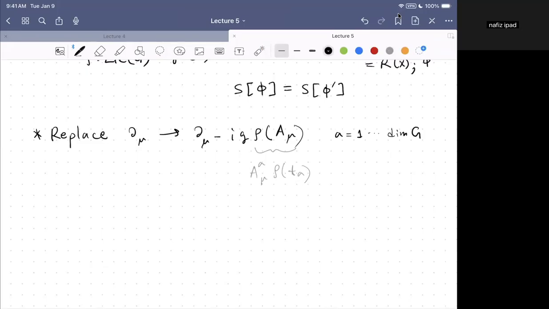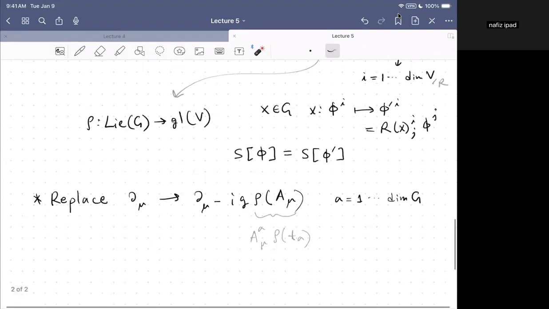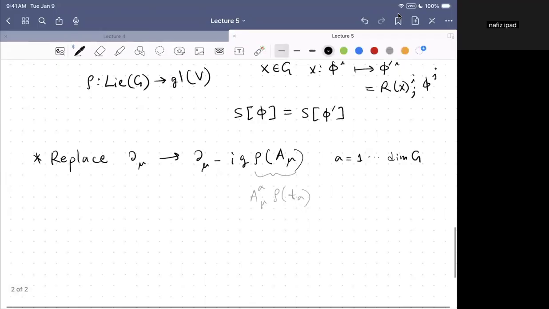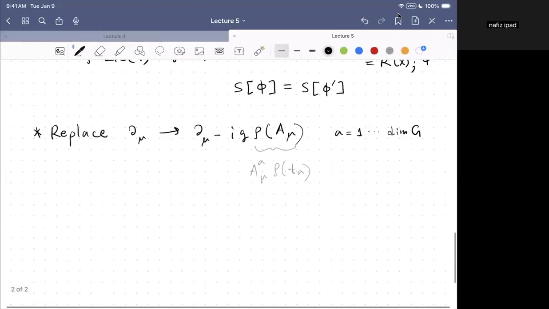Okay. And the constraint on A is that when you transform your fields, you also have to transform A when you do a gauge transformation. And the transformation of A was a bit unorthodox.